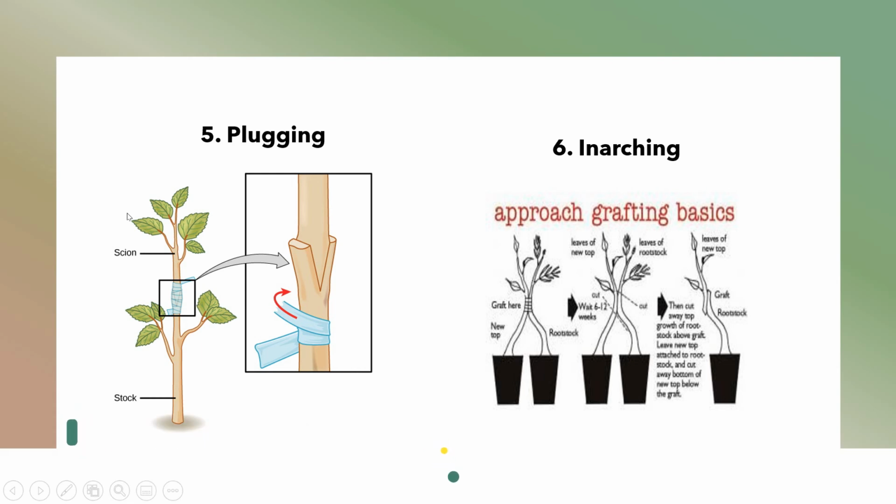Plugging is propagation by bringing the top twig. This is the top twig here, and you have to make a V. You have to plug it into a rootstock for them to grow as one plant, and you have to tie the stem or the trunk of the plant.